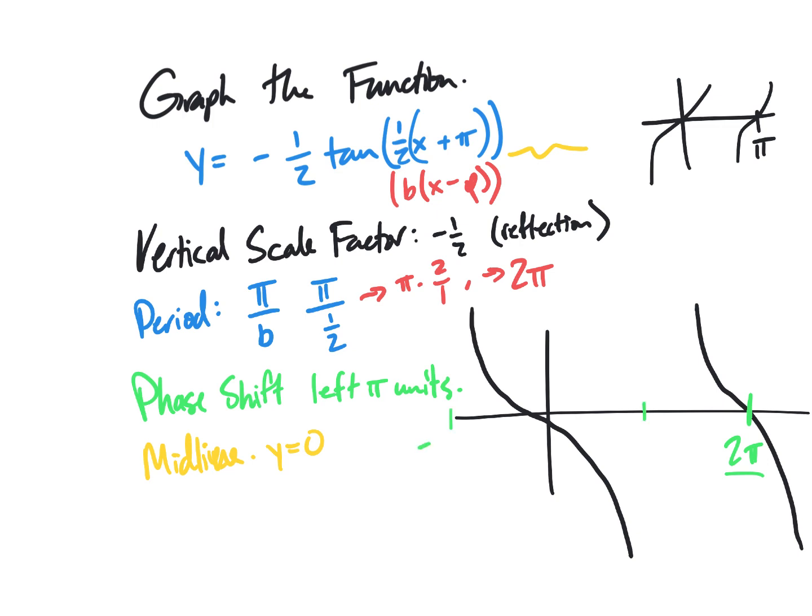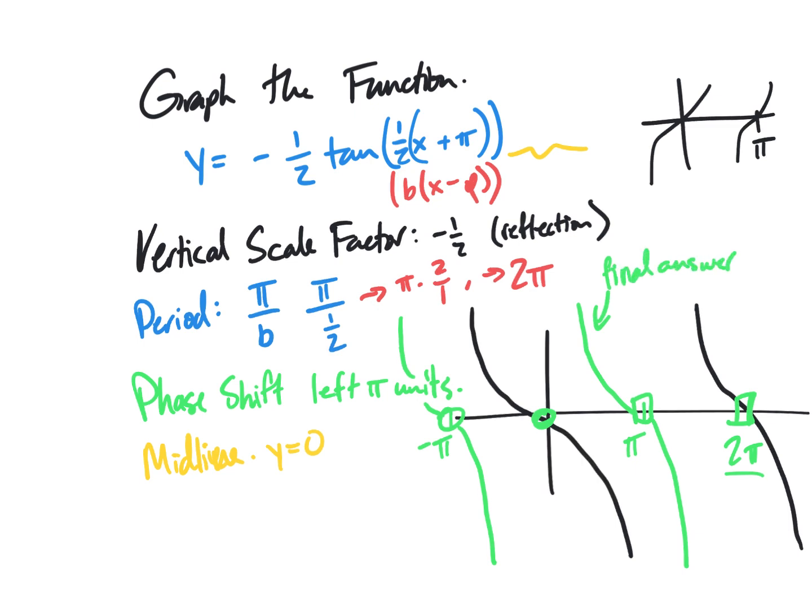So this is like -pi, this is pi. Now this dot right here goes here, and this dot right here goes here. And so now we're going to sketch our final answer like this. And now we're going to label and say that's good enough.